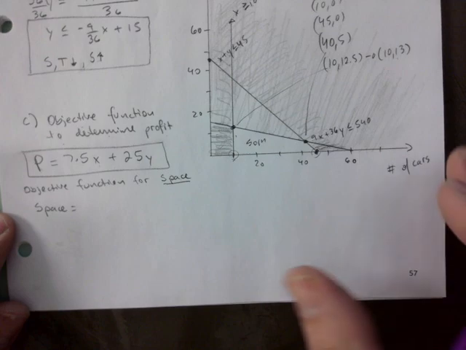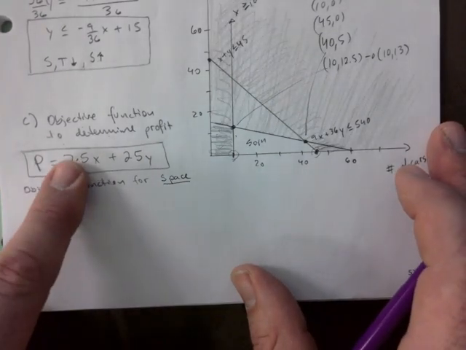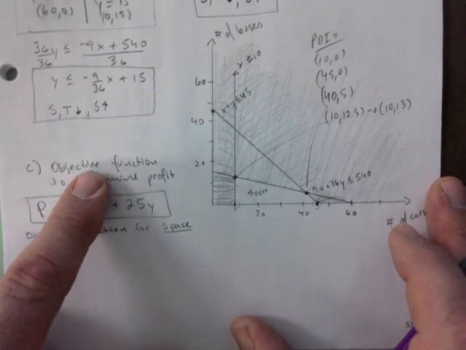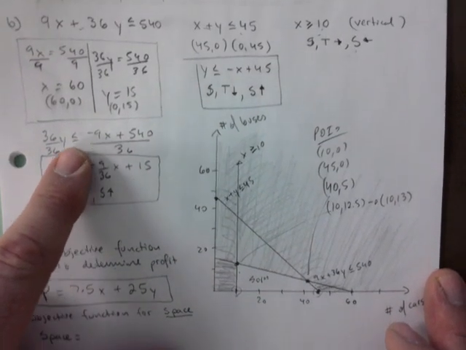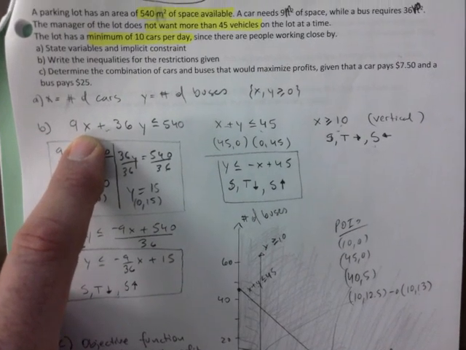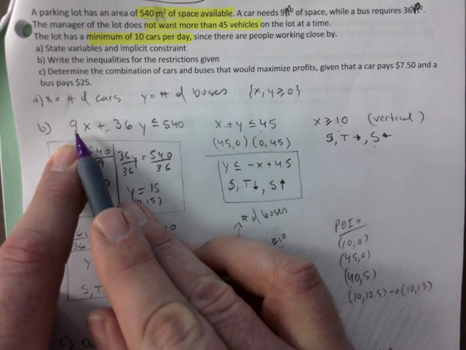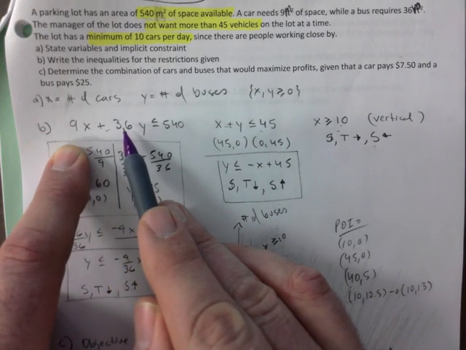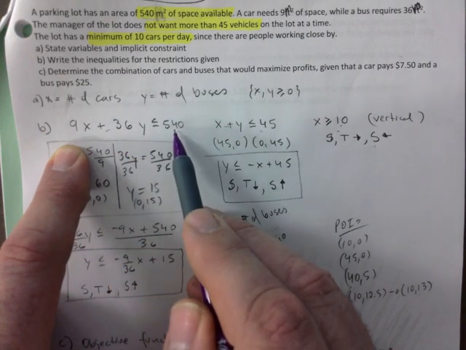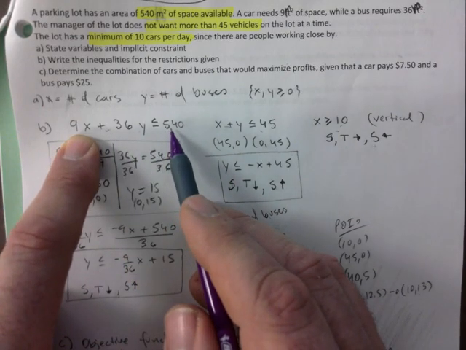Well, we kind of already have something similar to this. Watch, I'm going to go up here. And this inequality here talked about space: 9 square feet, 36 square feet, 540 square feet. This was a restriction put on space.